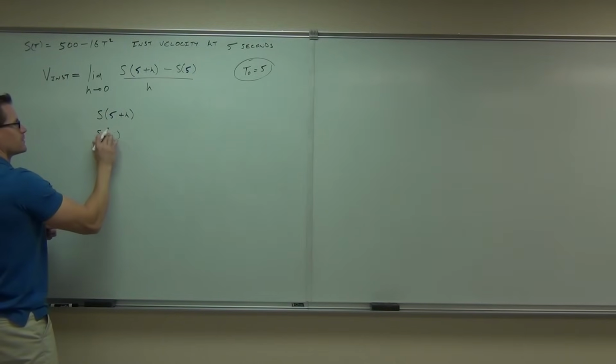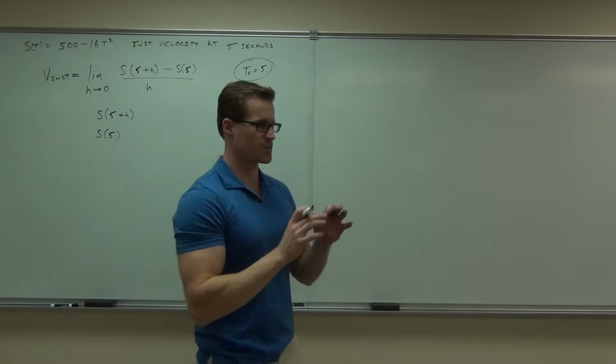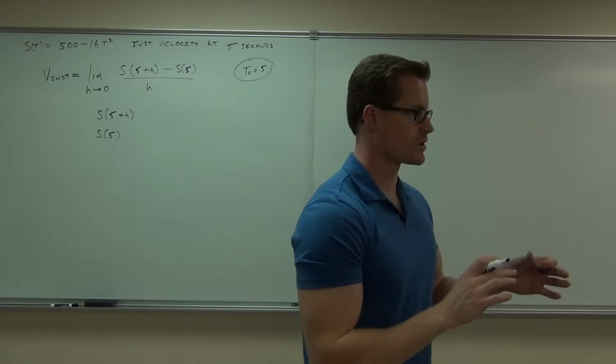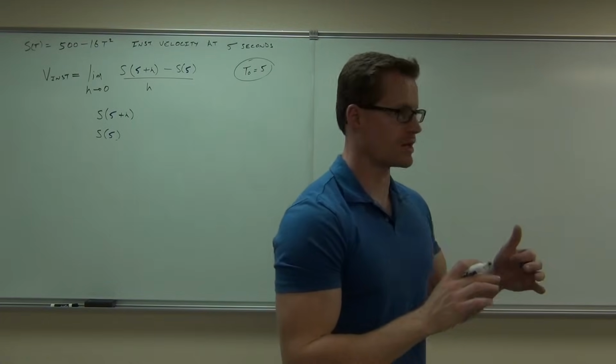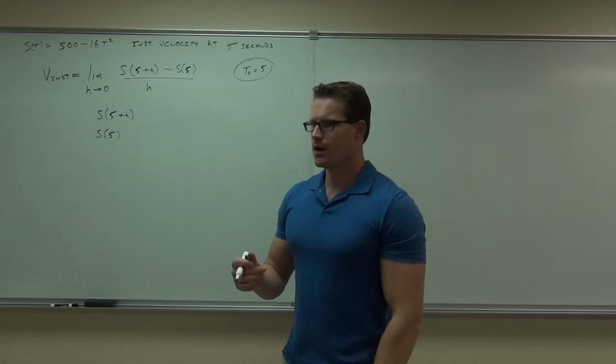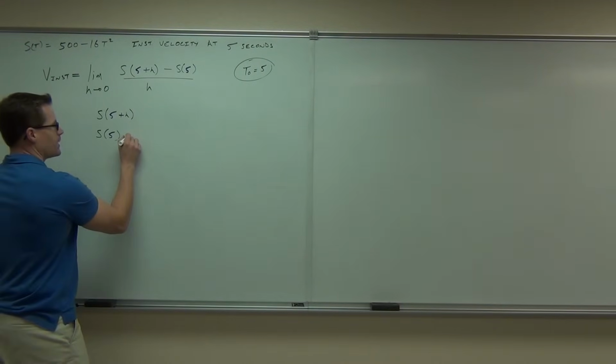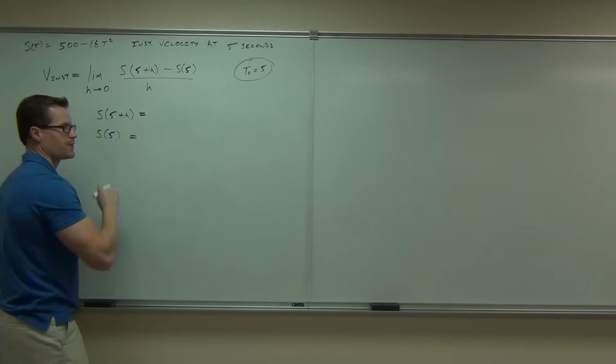Since we have a specific time, it's not t sub 0 anymore, it's 5 plus h, and s of 5. Are you okay with that so far? Let's see if we can figure this out. Try it on your own if you'd like. I need you to find s of 5 and s of 5 plus h.